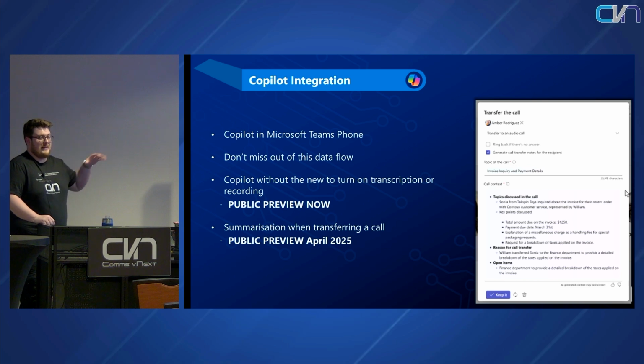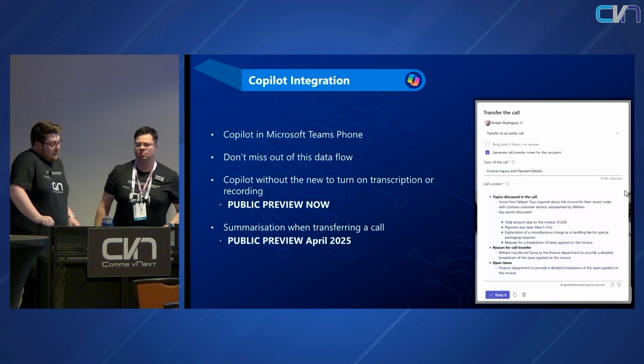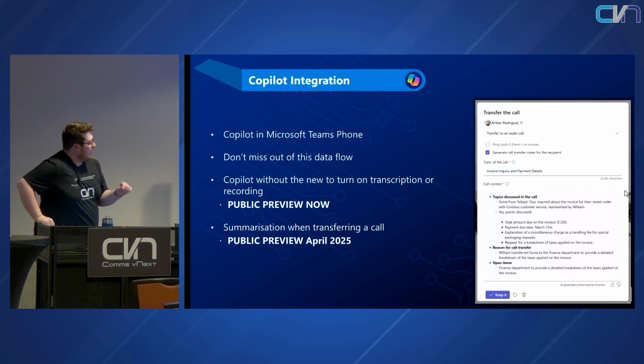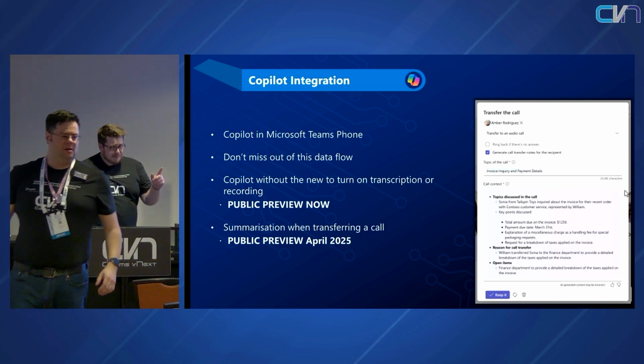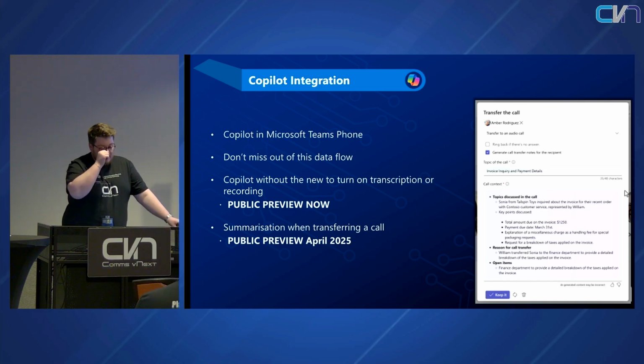If you're not doing that for your PSTN as well, you're potentially missing out on a complete data flow, a data set that you're not passing into your AI or using for any particular things.